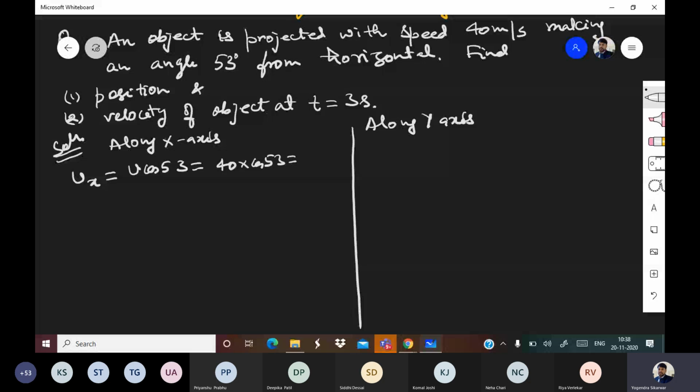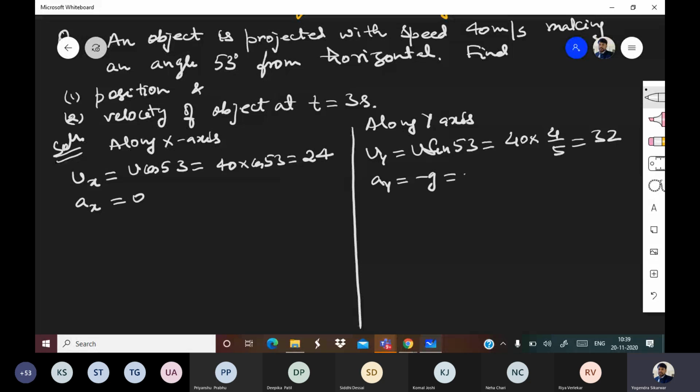So 40 into 3 by 5, so that will be 24. Uy is equal to u sin 53, is equal to 40 into 4 by 5, and that will be 32. Okay. Ax is equal to 0. Ay is equal to minus g is equal to minus 10.